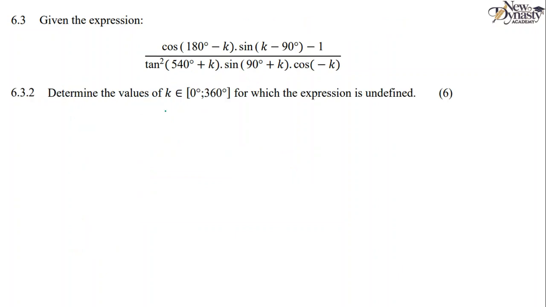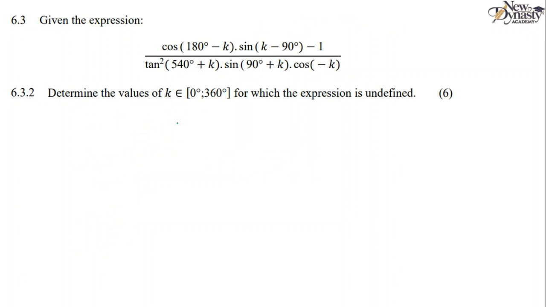Then the next question says 6.3.2. Determine the values of k, k an element of 0 to 360, for which the expression is undefined. Remember what makes an expression undefined. If the expression is in a fractional form, it means that your denominator cannot be equal to 0.